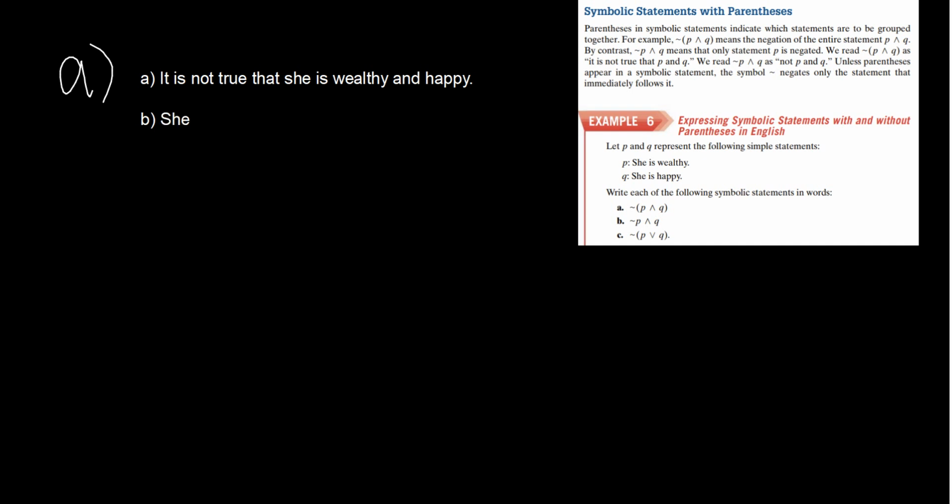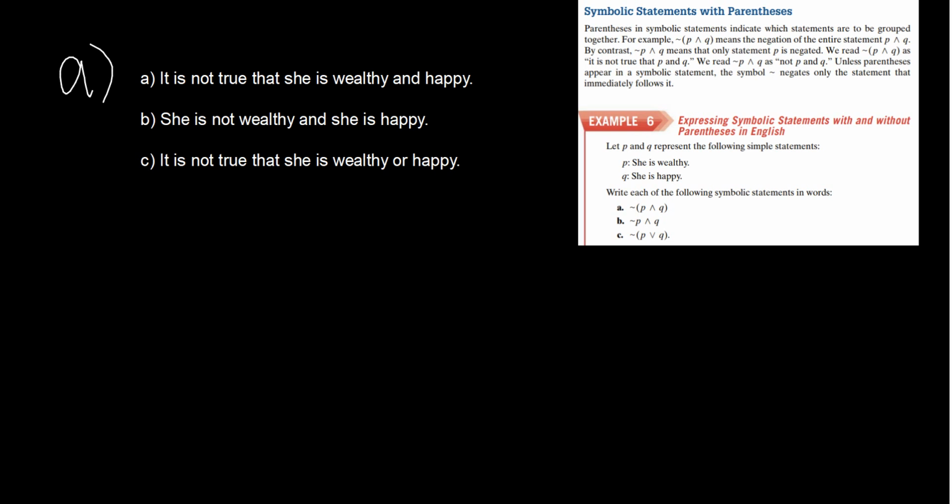And lastly, we have the not in front of the entirety of P or Q. P or Q means that she is wealthy or she is happy, so since we have the not in front of it, we would say it is not true that she is wealthy or happy, and that's awful.